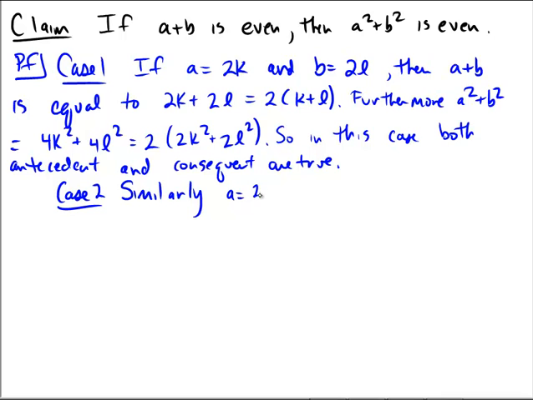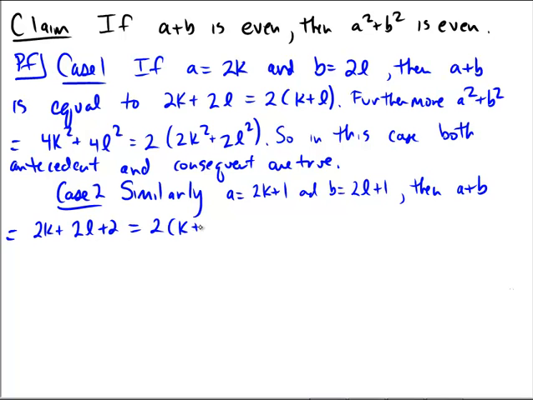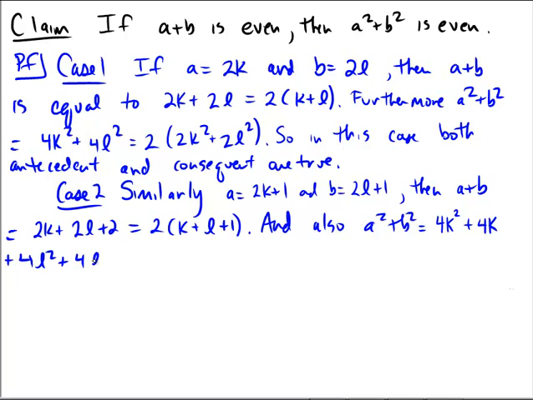If a equals an odd number, 2k plus 1, and b is 2l plus 1, then a plus b would be equal to 2k plus 2l plus 2, 2 times (k plus l plus 1), and also we'd have that a squared plus b squared would be equal to, remember all those pieces we got, 4k squared plus 4k plus 4l squared plus 4l plus 2, and these have a 2 that can factor out.